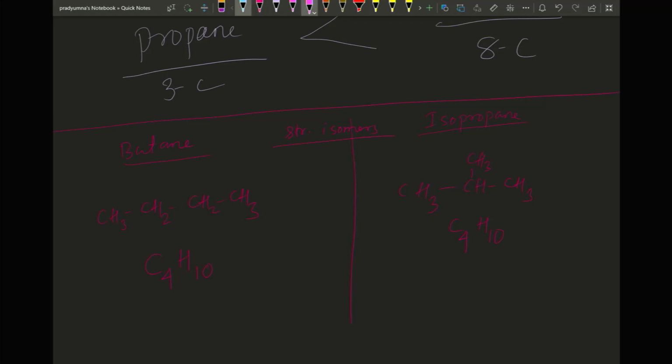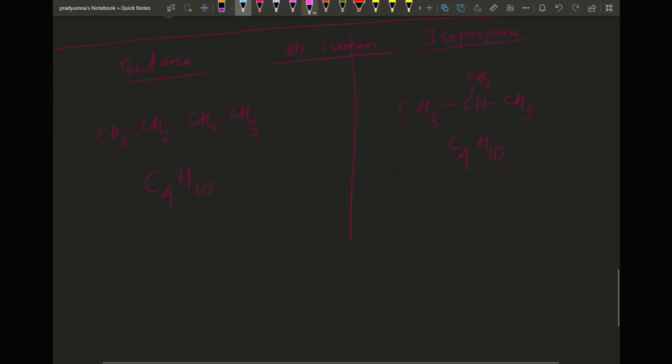Now, how do the melting point and boiling point compare? Before we find out, you don't need to remember the exact numbers, but you need to appreciate how different they are because of the structure. So this is our butane, right?